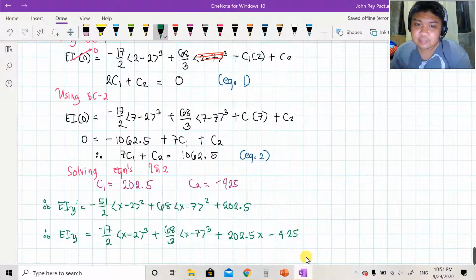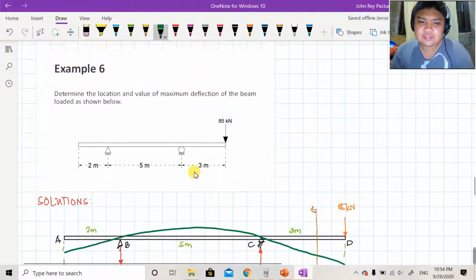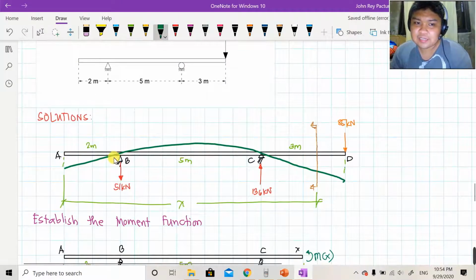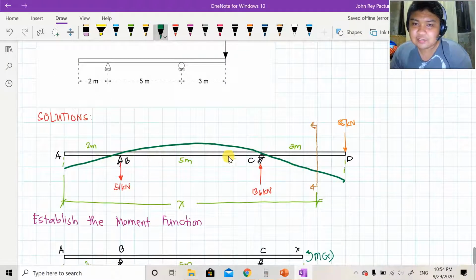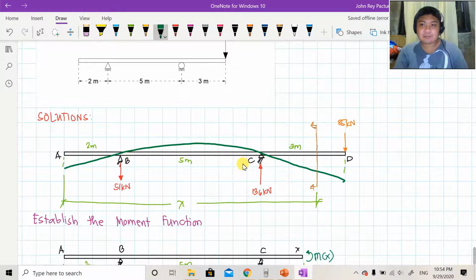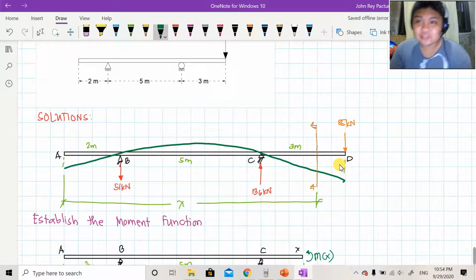Anong gusto kong i-point out doon? Kung titingnan nyo class sa elastic curve, ang gustong sabihin niya, hanapin daw natin yung deflection dito sa span BC. Kailangan muna mahanap yung maximum deflection between the supports. Then hahanapin natin yung deflection sa left end sa point A, and yung deflection sa point D. So, we have three values to be compared here.